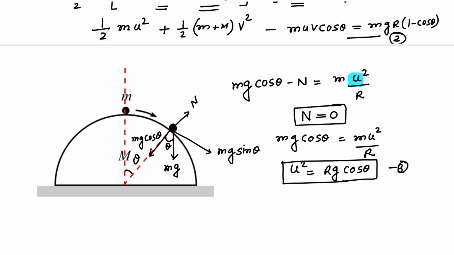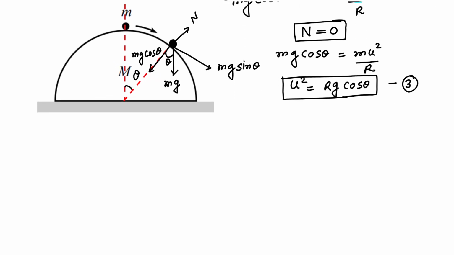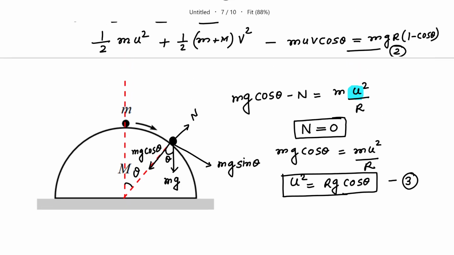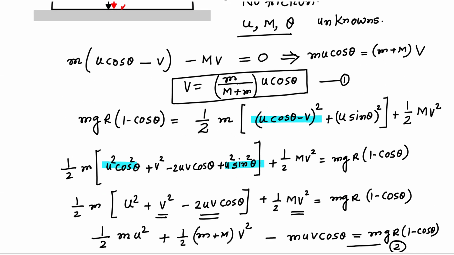Now using these three equations, we can solve for u, v as well as for theta. So let us try to solve this. So if I plug this, and that is this one, u square, and we also calculated this earlier, this one v.